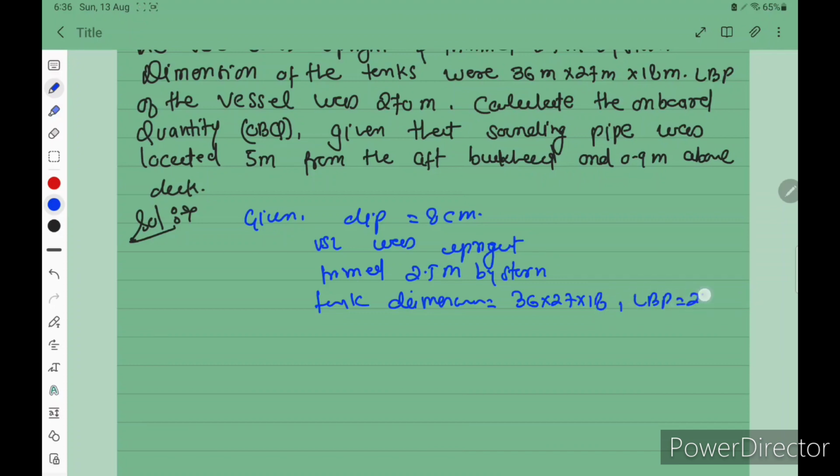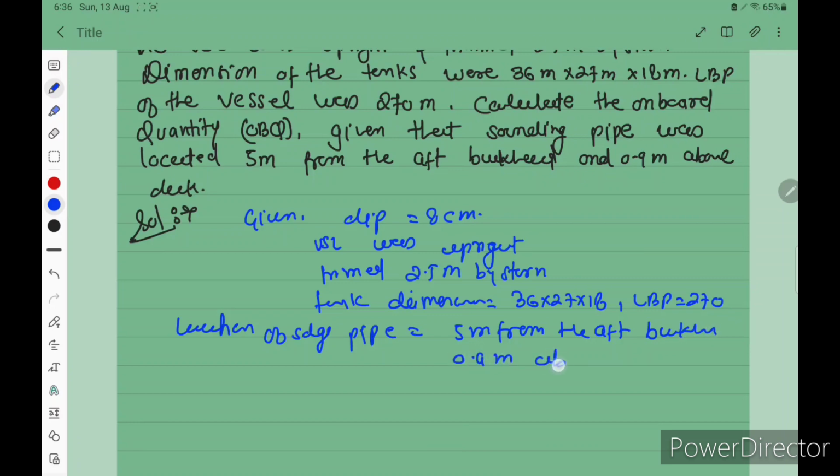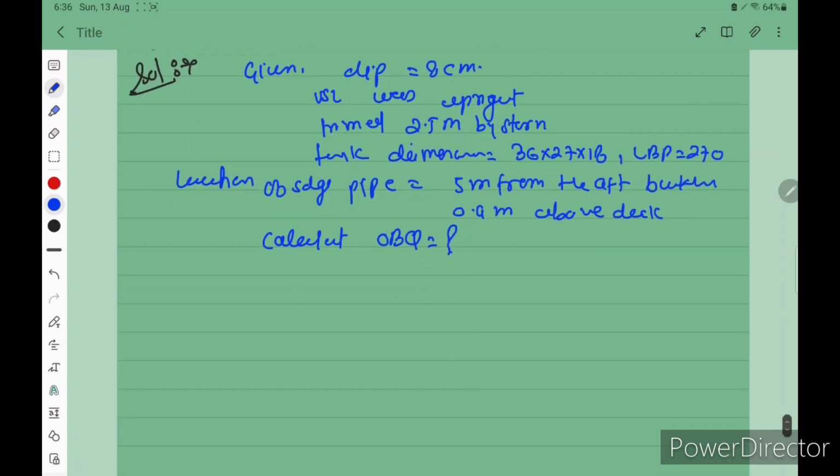LBP 270, location of sounding pipe 5 meter from the aft bulkhead, 0.9 meter above deck. So calculate OBQ. Okay. So 8 centimeter is very small. So that means we have to check the wedge formula.